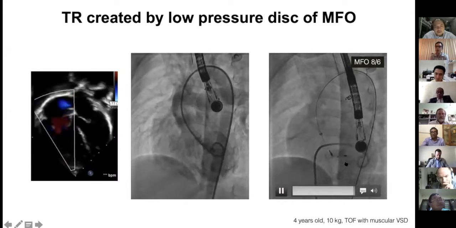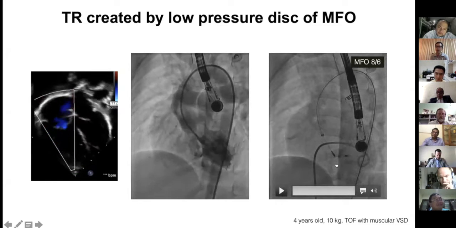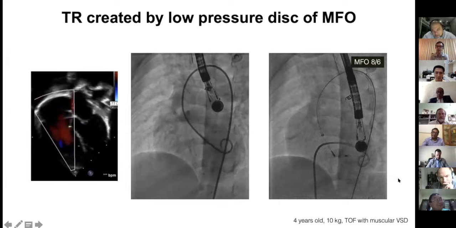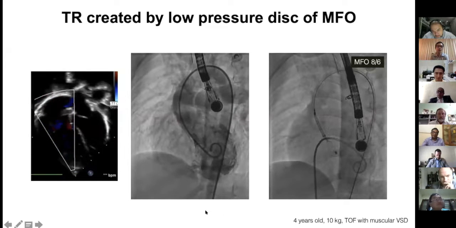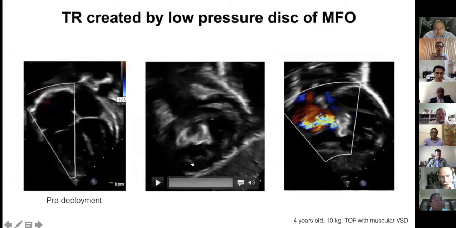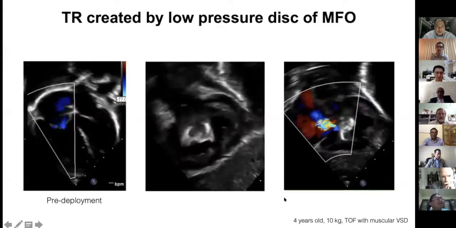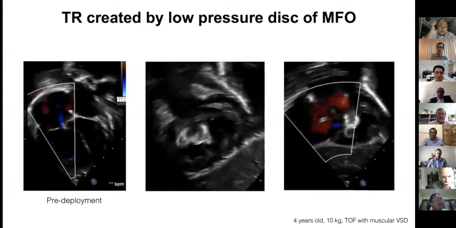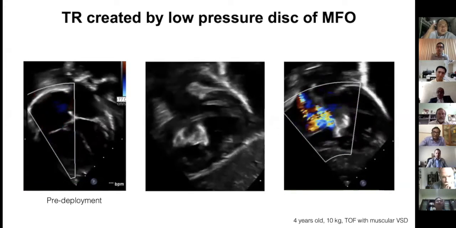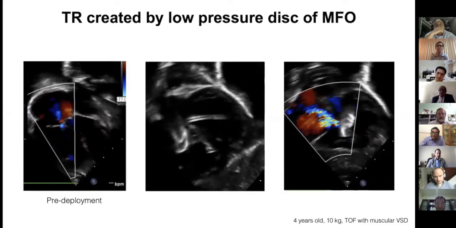So what we did here, we tried our best to push the disc, especially on the right side, in order to avoid tricuspid valve entanglement. But unfortunately, we were not able to avoid the TR. And in this particular case, TR was getting really worse. So eventually we decided to remove this device, and we told the surgeon that we cannot do that.